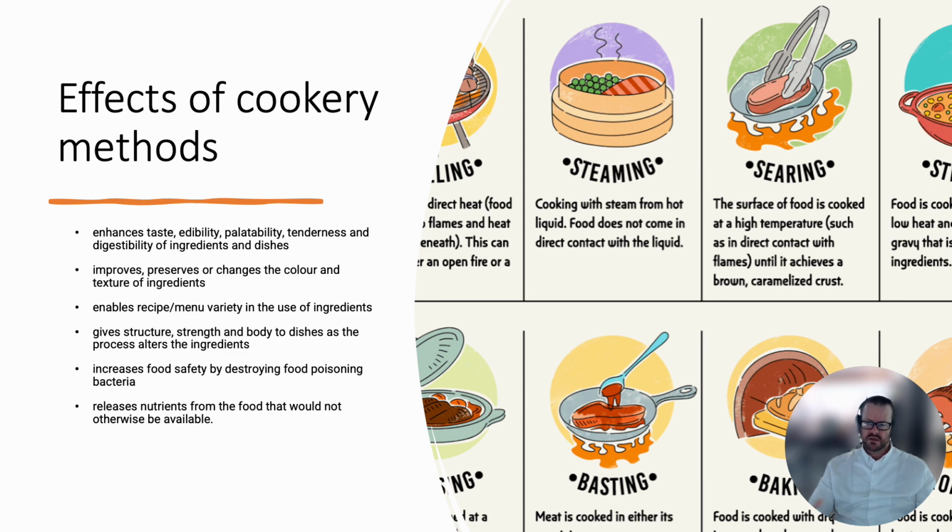Sometimes it's about giving structure, strength, or body to the dish. Sometimes it's about using a variety of ingredients. Other times it's about changing the color, improving the texture. Other times it's about enhancement of the taste or edibility of the product. Okay.